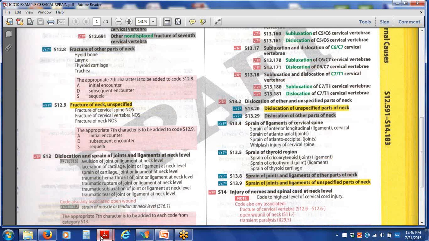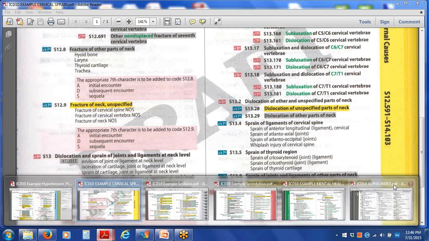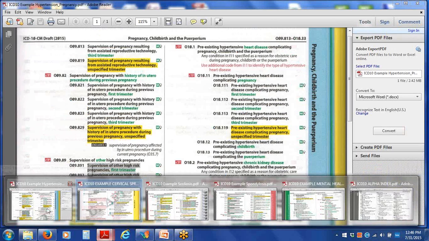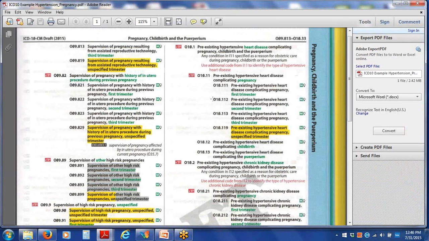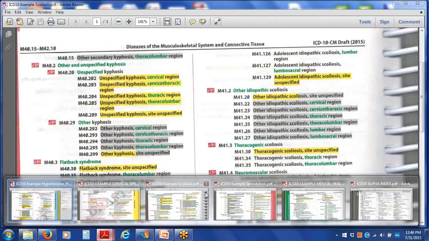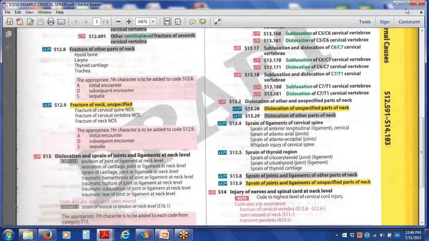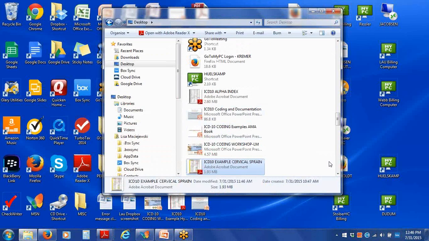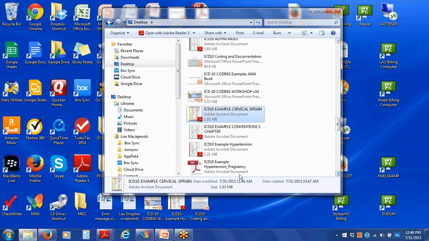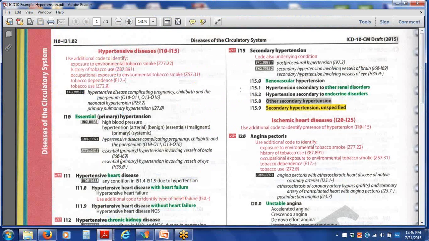Let's move on to a couple of other coding examples. Let's look at hypertension for those of us who do hypertension.